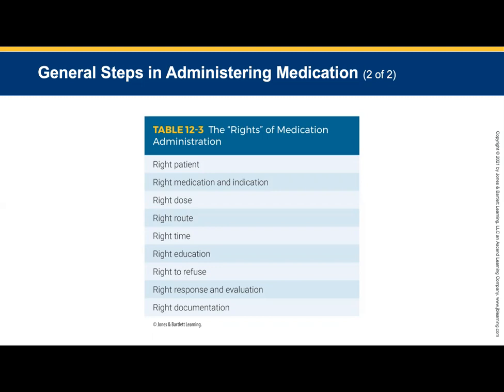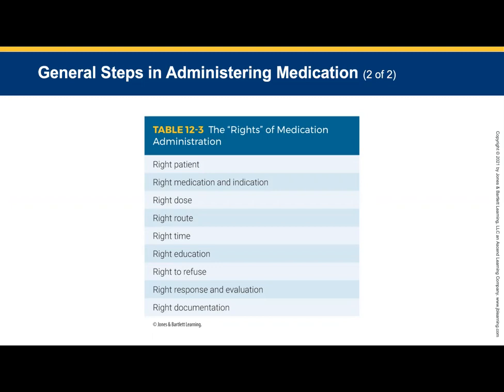Right medication and indication: you need to verify the proper medication and the prescription. Is it this patient's medication, and is it the right medication? You want to verify the form and dose of the medication, and the right route. Make sure you're giving the medication by the correct route that it is desired to be delivered.